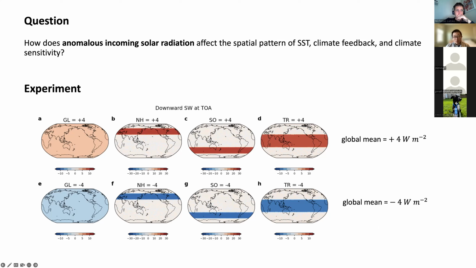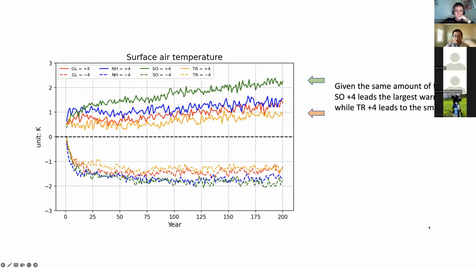With these experiments, we can look at the climate response. First, let's look at the evolution of the global mean surface air temperature. Here, solid lines are for the positive perturbation experiments, and the dashed lines are for the negative perturbation experiments.